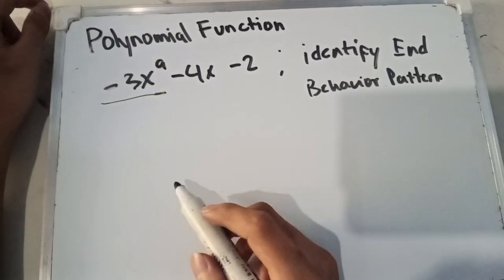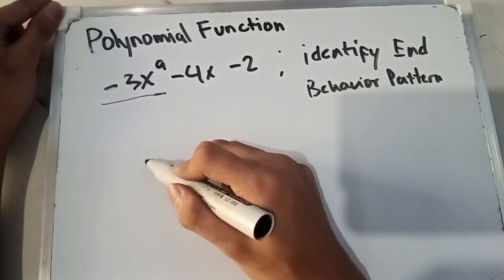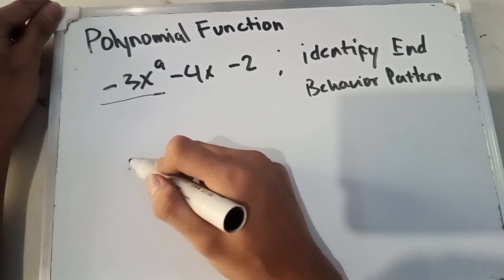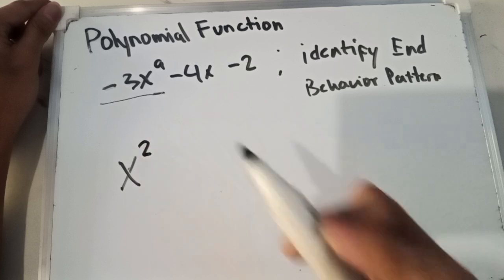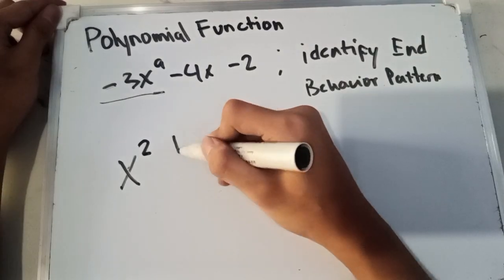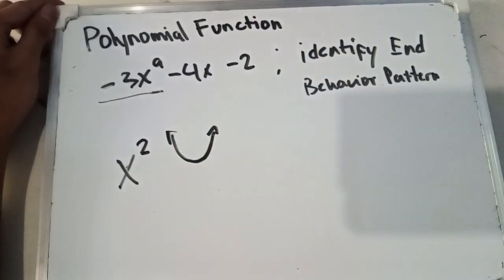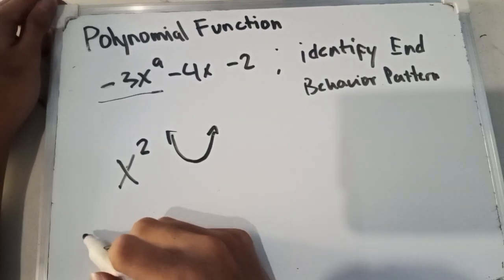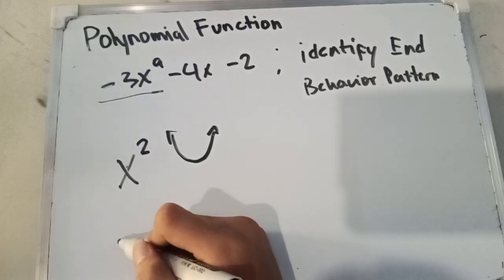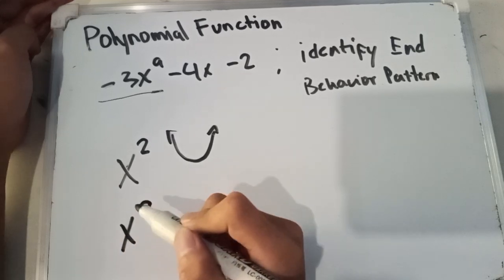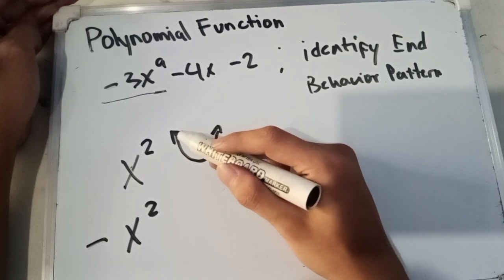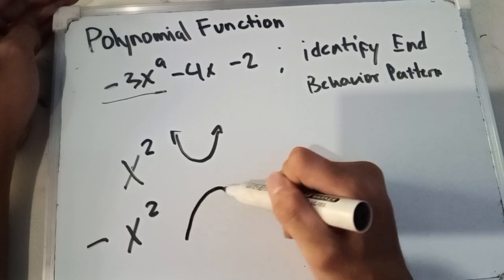Now, for example, if a leading term is positive and raised to a square, the end behavior pattern is both upward. If the leading exponent is even and the coefficient is negative, then instead of both upward, this will become both downward.